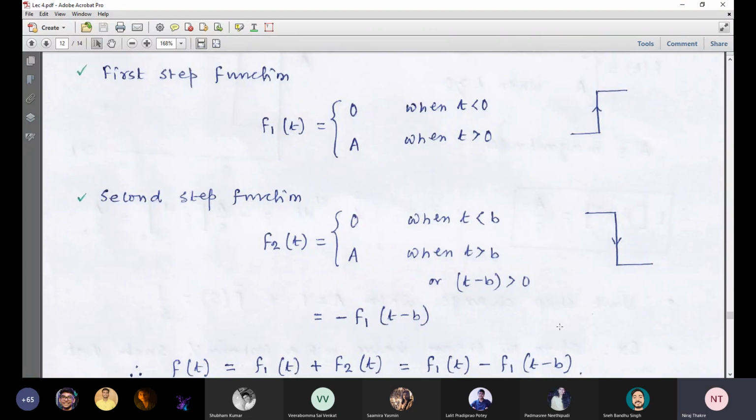If you have finished this one, now can you find the expression for unit rectangular pulse?